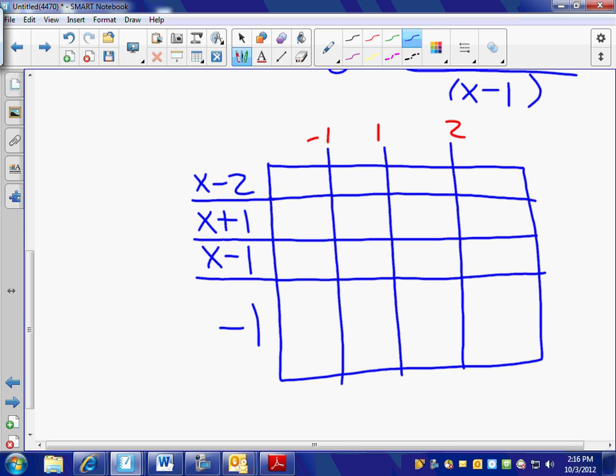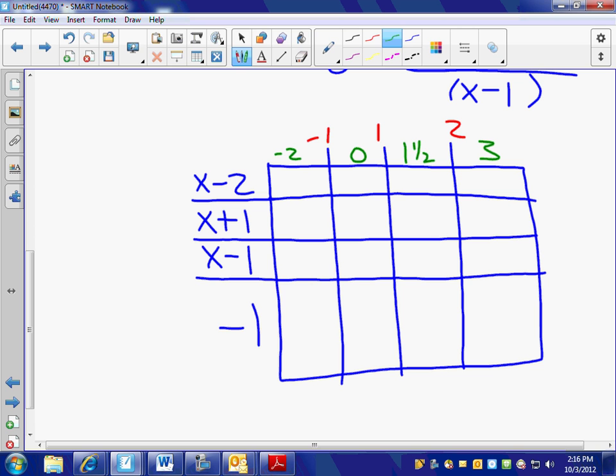So I've made my chart. Now we just start plugging in values. What's a number to the left of -1 that you could plug in? -2. What's a number between -1 and 1? 0. Between 1 and 2? 1 and 1/2. Past 2. So I'm going to try to plug in those numbers and see what happens.